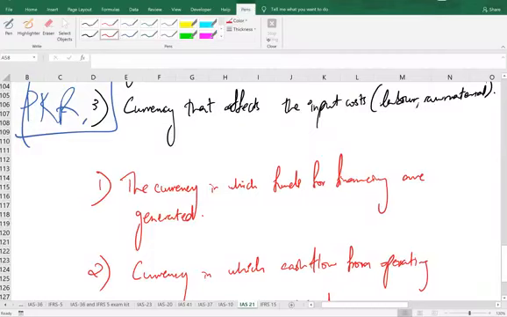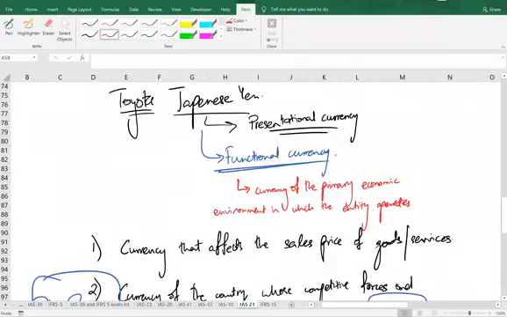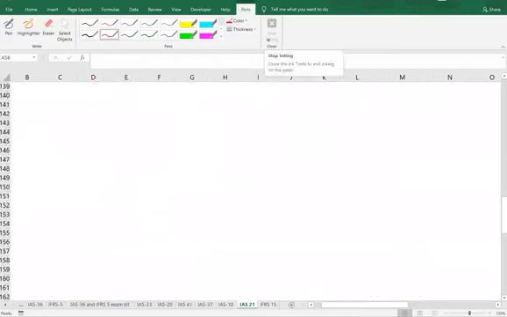You move on. But if the functional currency is different from the presentational currency, you'll have to translate. And the methodology of translation is the same that I told you over here. The difference between monetary and non-monetary. Okay? You guys get it? Yes. Perfect.